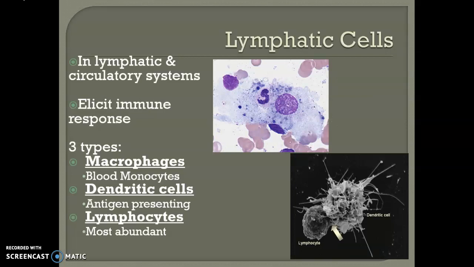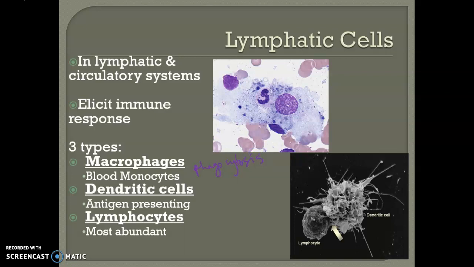Okay, so the macrophages, they come from blood monocytes, and the macrophages are actually, as we remember from our previous lectures, they perform phagocytosis. What is phagocytosis? Well, eating of cellular debris and other materials.